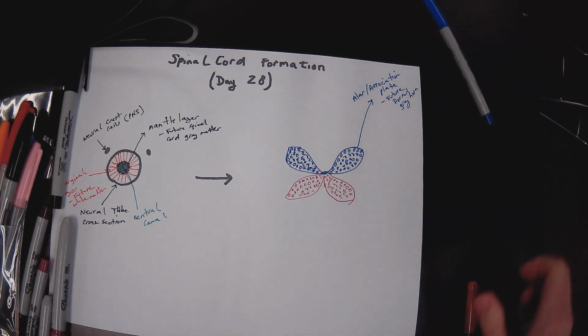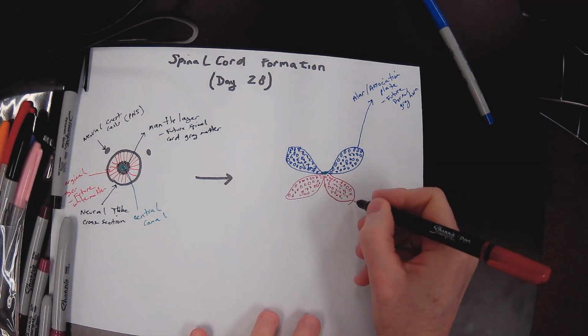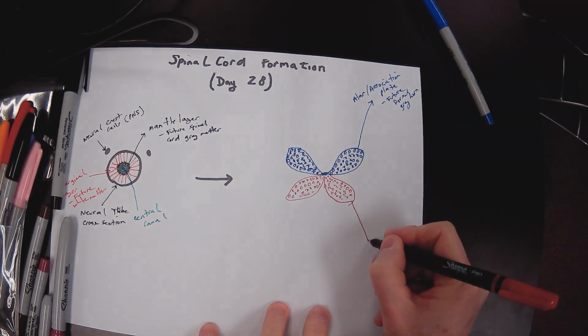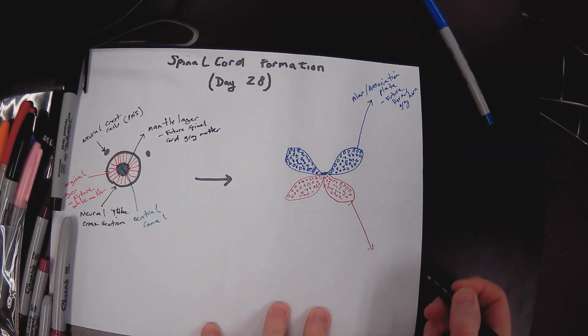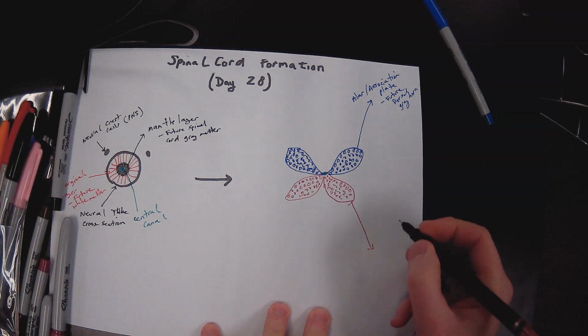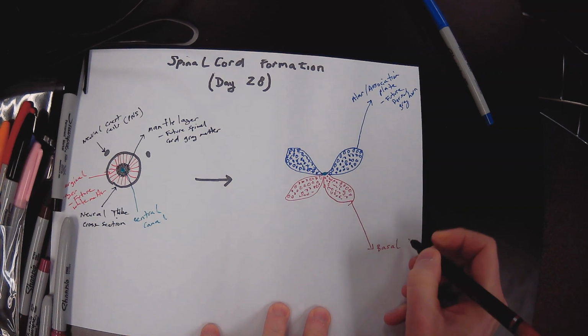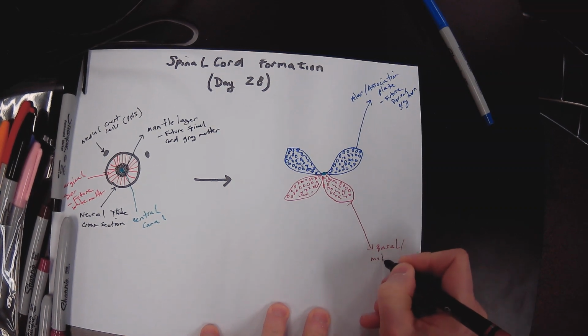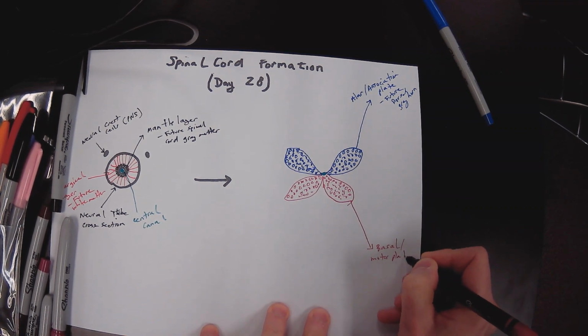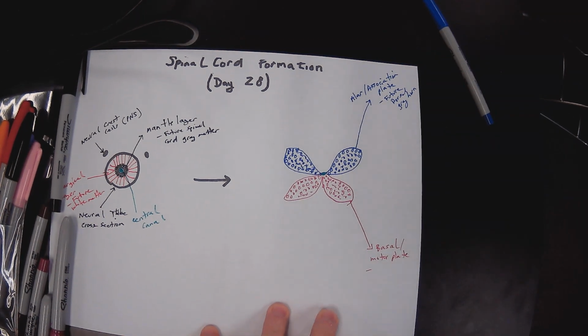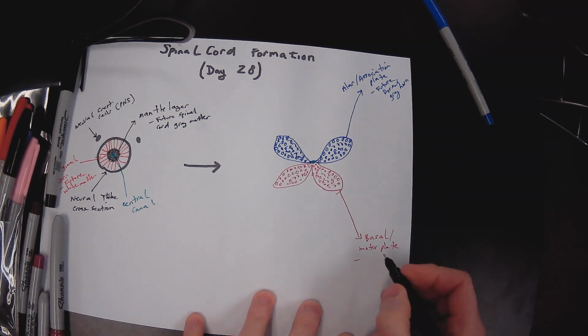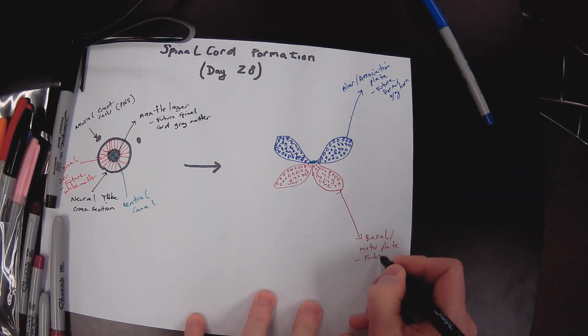And similarly here down below, we have these neuronal cell bodies. This is called your basal, B-A-S-A-L, or motor plate. And these are future ventral gray horn.